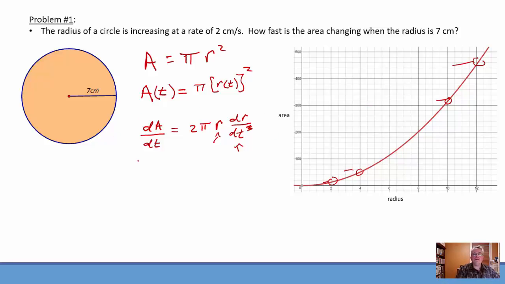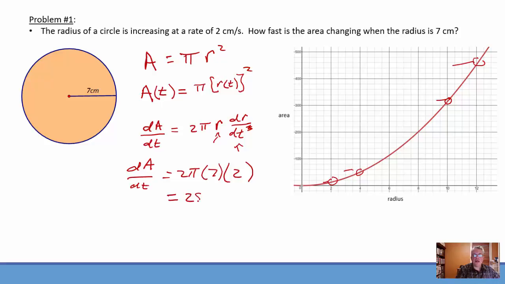But anyway, so we have this formula for dA/dt. Now we can substitute what we know. dA/dt equals 2 pi times the radius at this instant is 7, times dr/dt. dr/dt is 2 centimeters per second. And we have 2 times 7 times 2, that's 28.